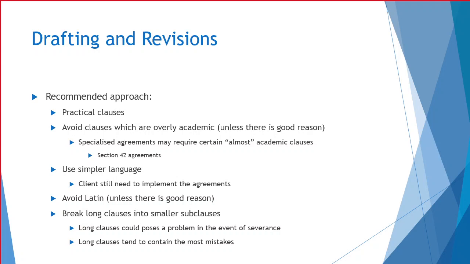These terms have certain meanings within the legal field, and using it is a good idea because these terms are almost universally known. That's when I would suggest that you use academic terms or even Latin. I see here I make an example of a Section 42 agreement. Fair enough. I've already touched on use simple language.